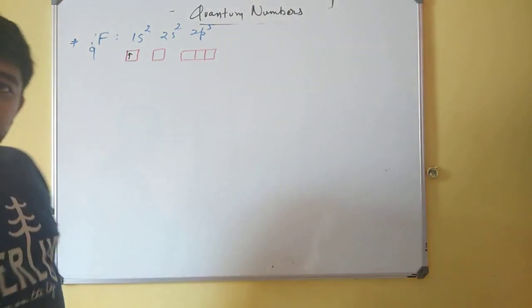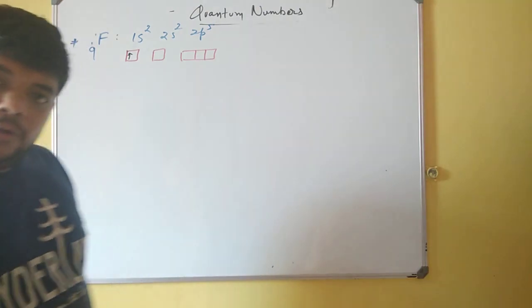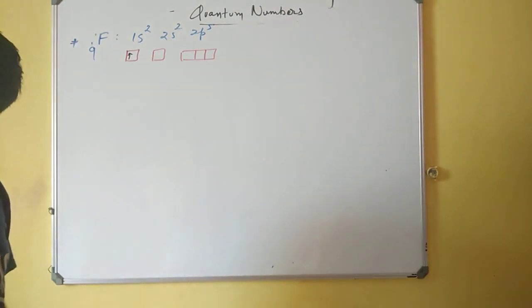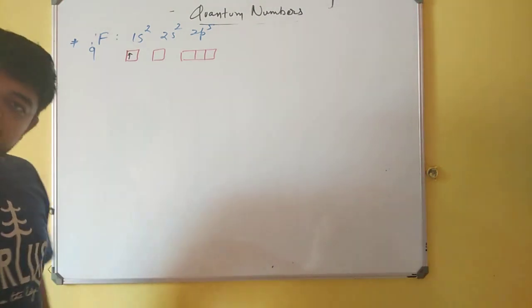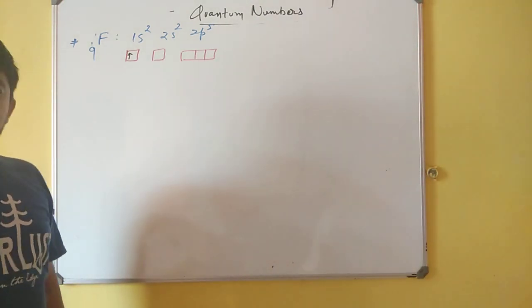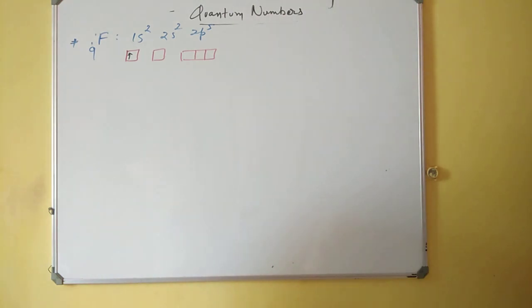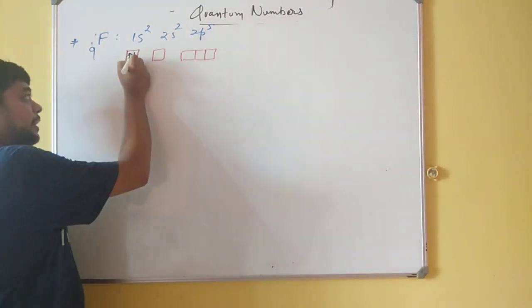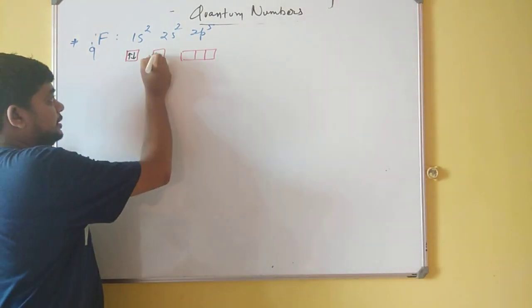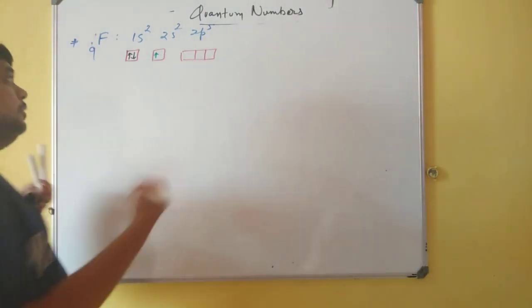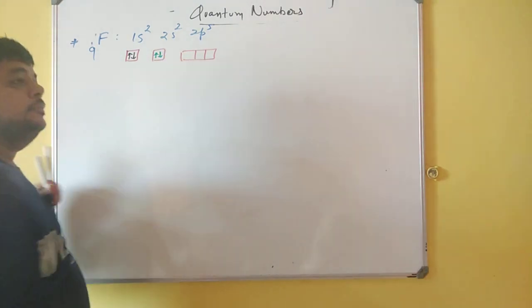The first electron will always be placed in 1s. Now you cannot directly jump to 2s. You need to first complete this 1s energy level. So the second electron, now coming to 2s, the third electron, 2s2, the fourth.